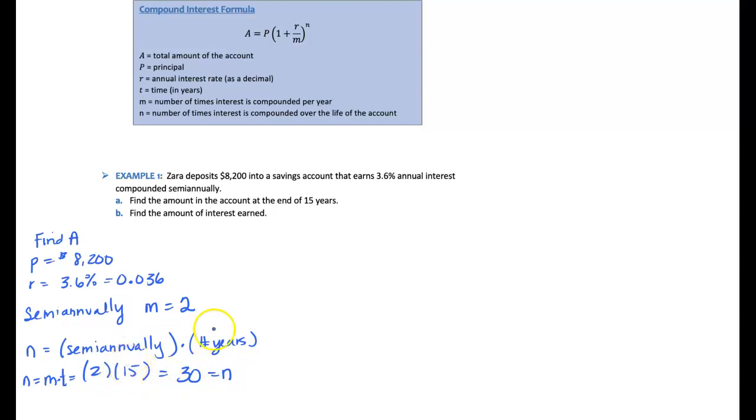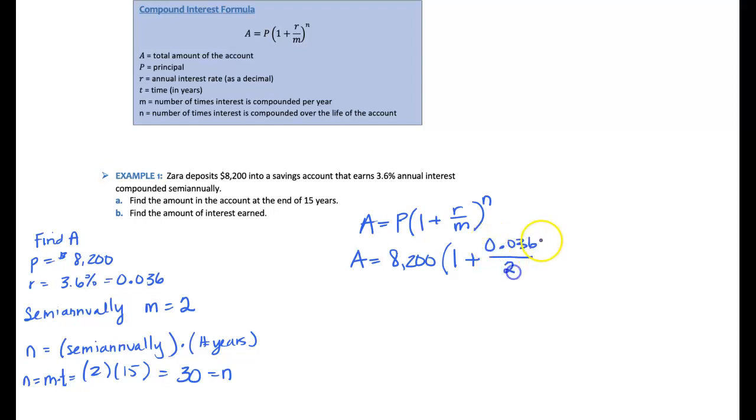Now let's go ahead and substitute this information into our formula for compound interest. So we know we're finding variable A. Our principal is $8,200. 1 plus our rate as a decimal is 0.036. M we said was 2.